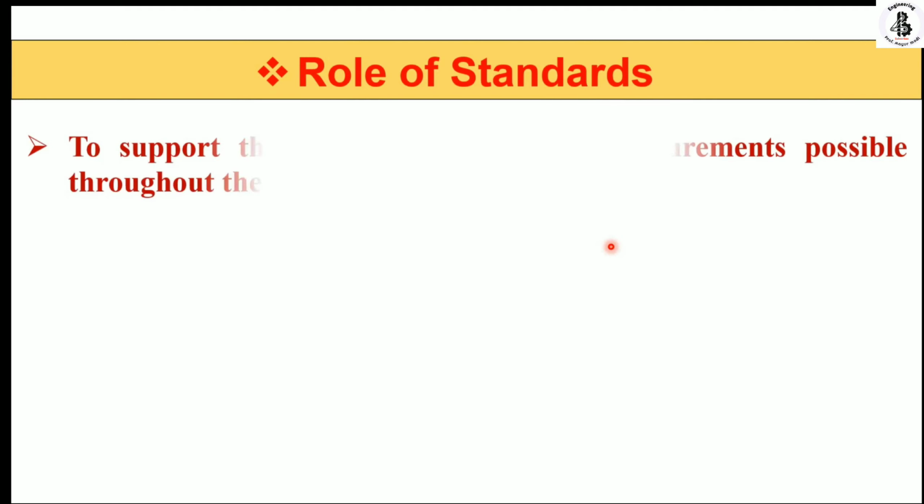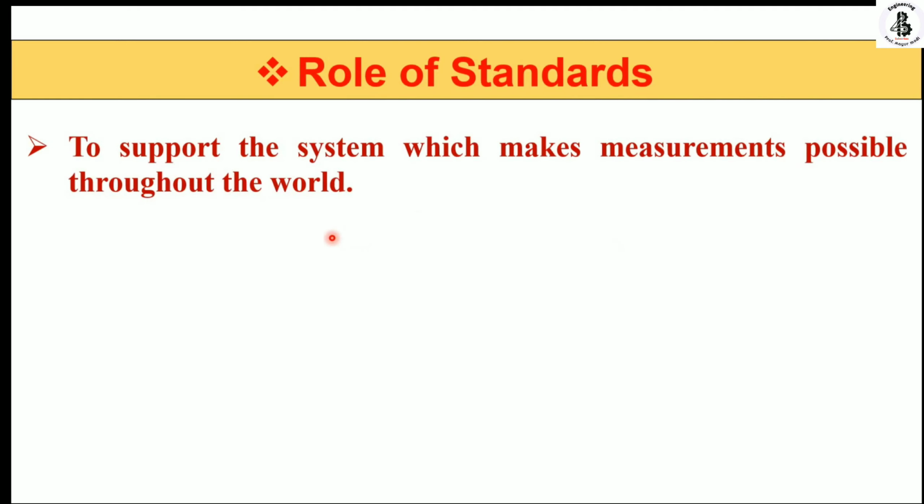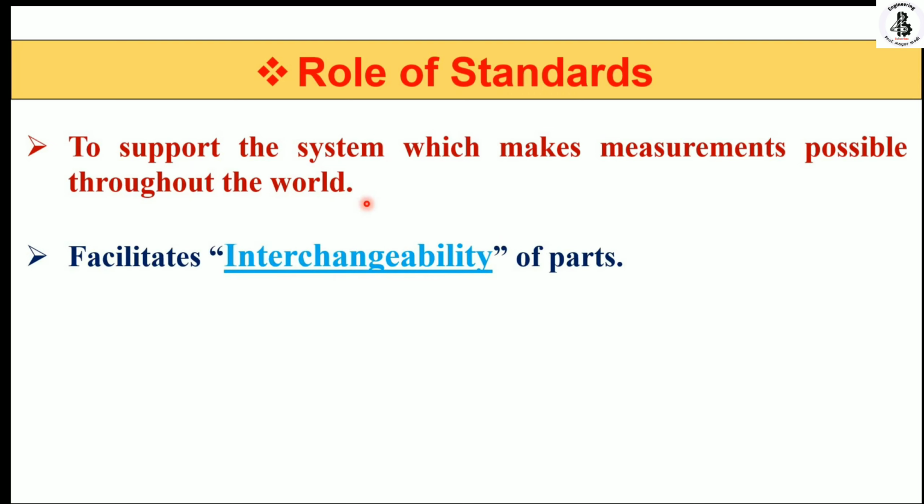Then, after the basic definition, how is it helpful in the field of engineering? It supports the systems which make measurement possible throughout the world. Due to standardization, we get good interchangeability.